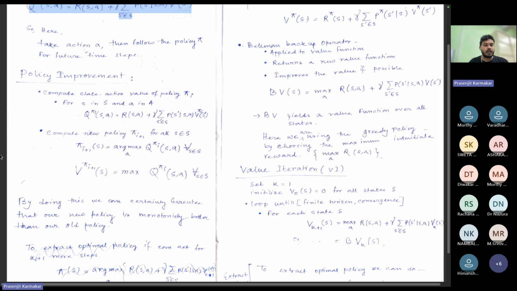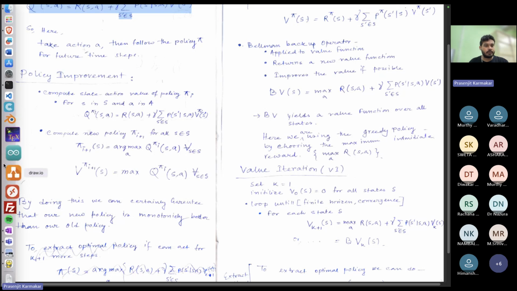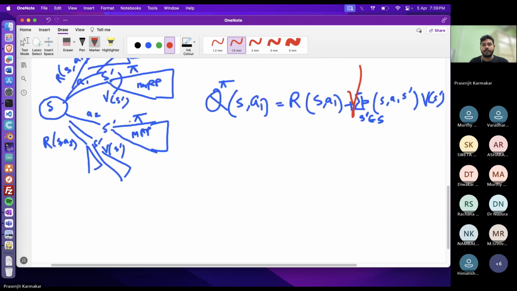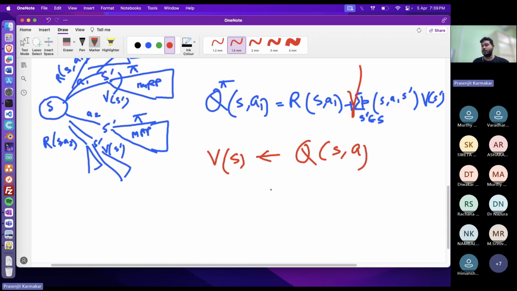So let me write up the algorithm. See how we can get the value function from the Q function. We can just take the optimal value function from the Q function, right?